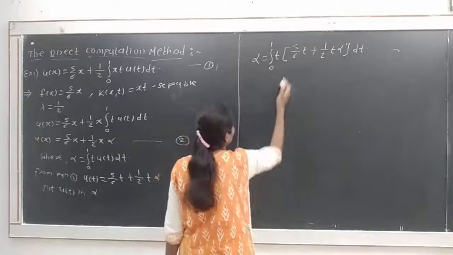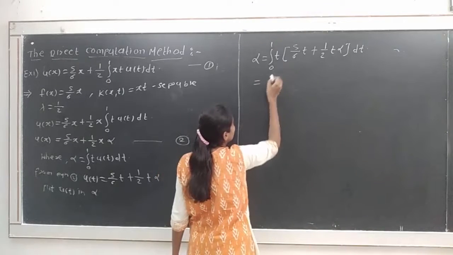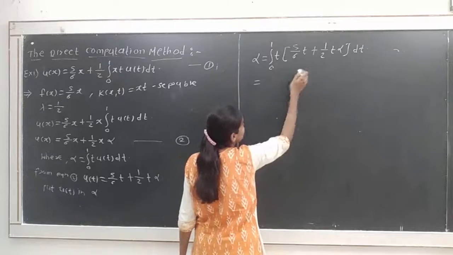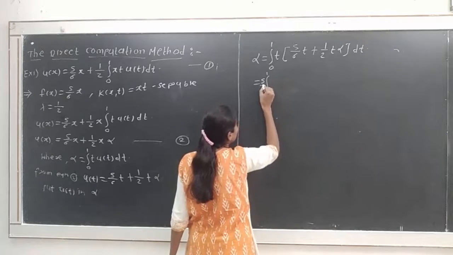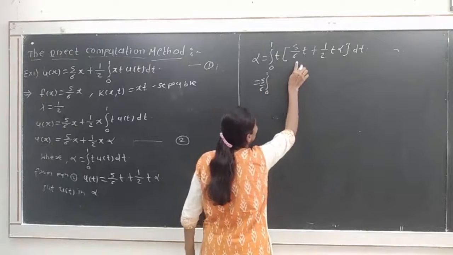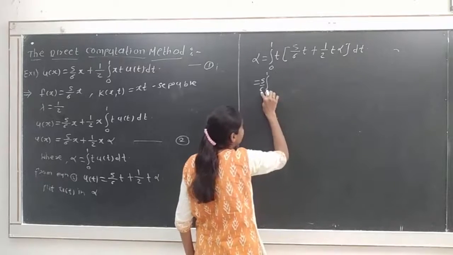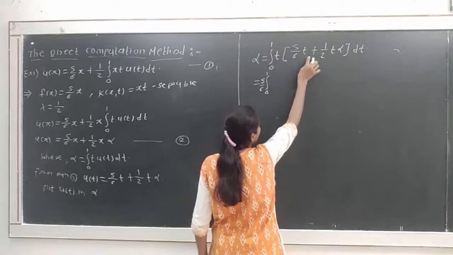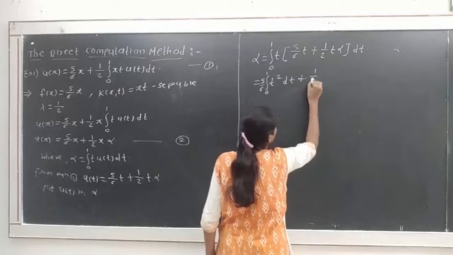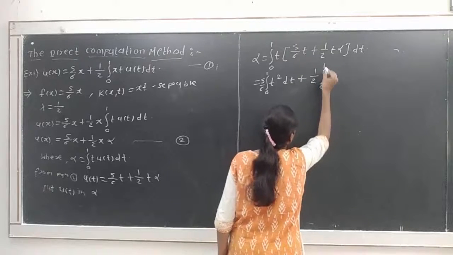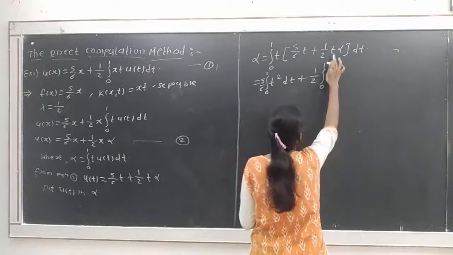Okay, then we solve this integration. We separate this integration from 0 to 1. 5 divided by 6 will be constant for this first term, so we take it outside the integration, and in the integration this t into t will be t square dt, plus similarly 1 by 2 will be constant, we take it outside the integration from 0 to 1.